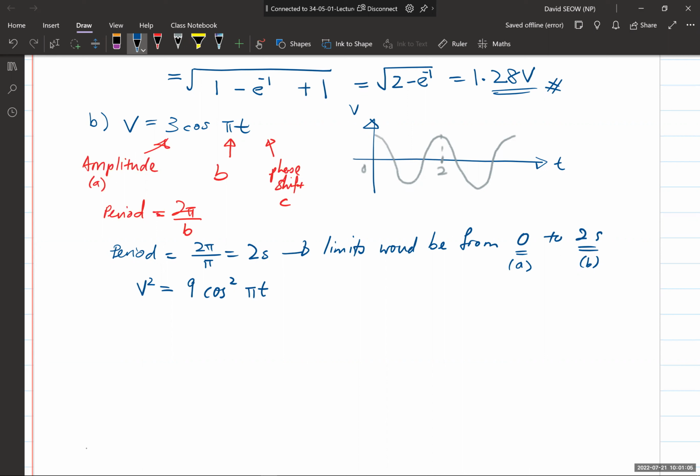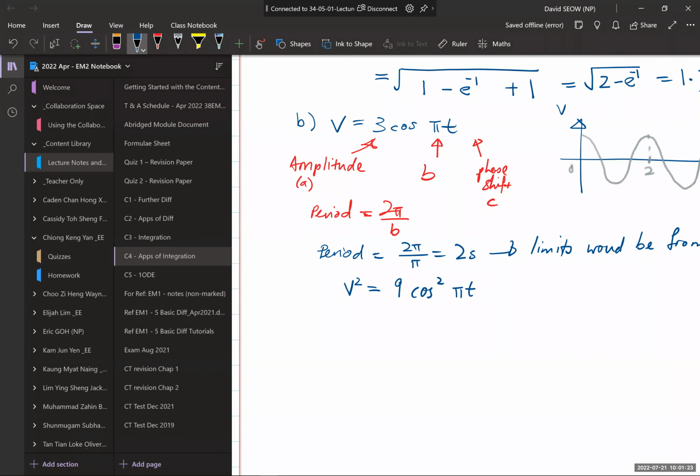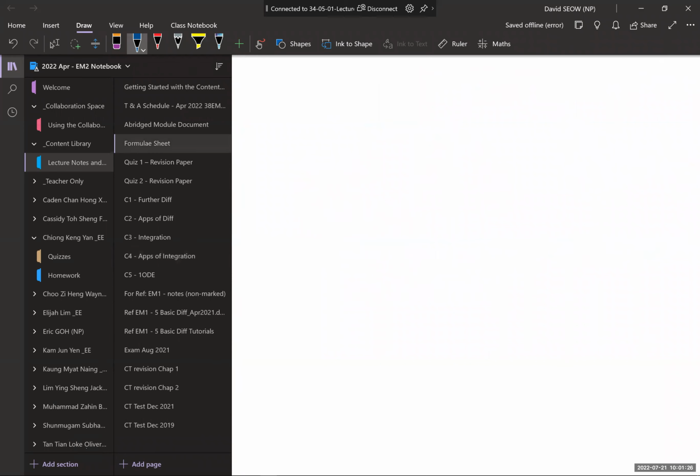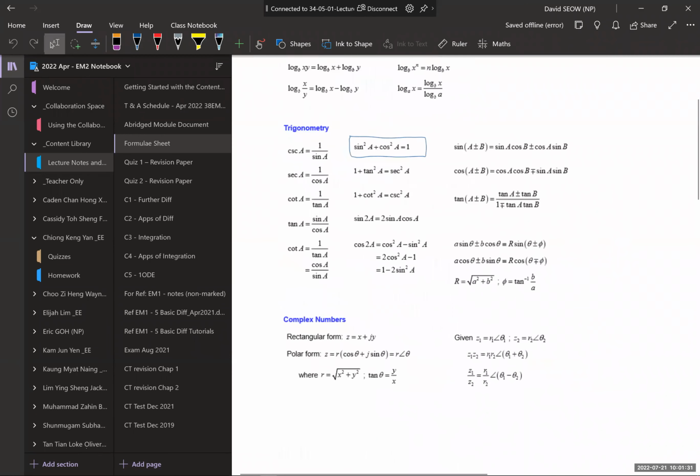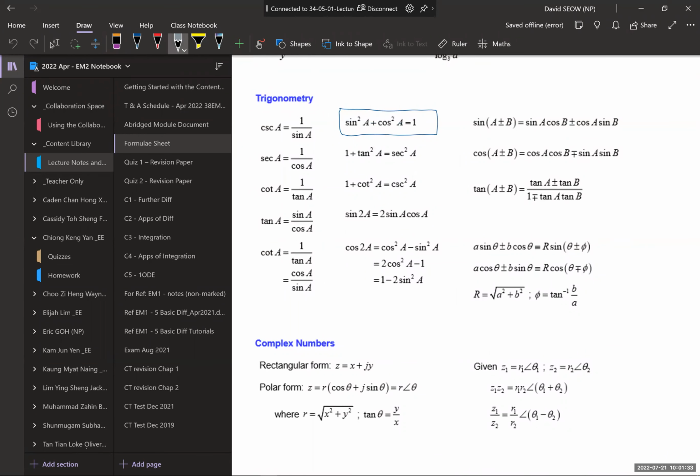Okay, and then for cos square pi t, to integrate this, we have to use the cosine double angle formula. Let me just go to the formula sheet. We have to make use of this, 2 cos square. This is the double angle formula that we need to look at.